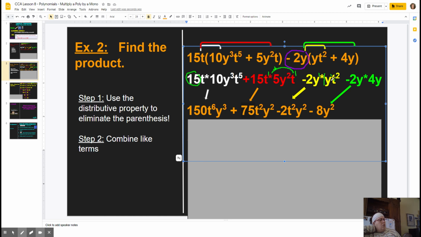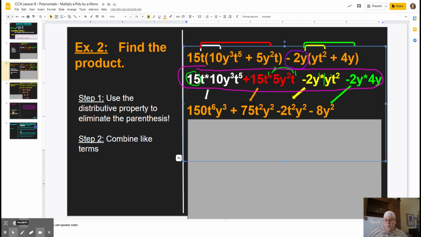And there's imaginary 1s with those y's. And then the last one, negative 2 times 4, negative 8. And then y times y is y squared. So once you get here, honestly, this part right here is pretty much all review. Multiplying coefficients and then simplifying terms with the exponents, with what we learned with rules of exponents.